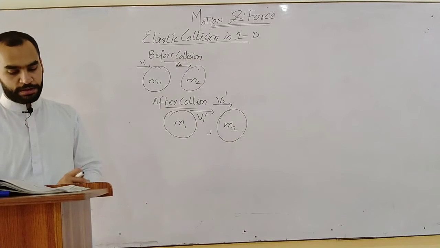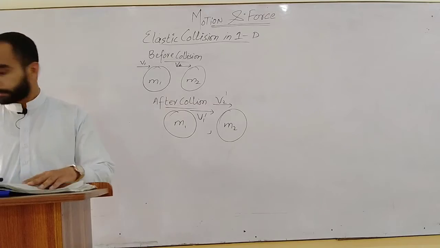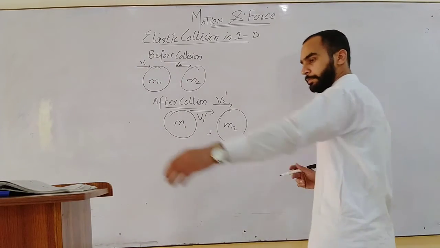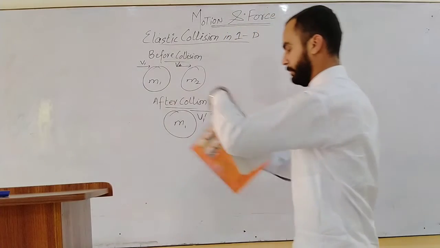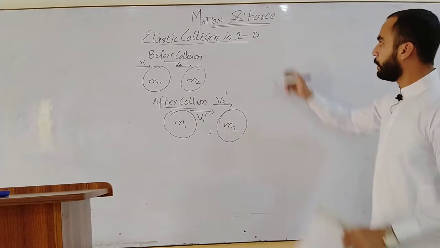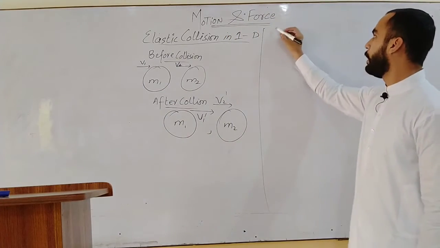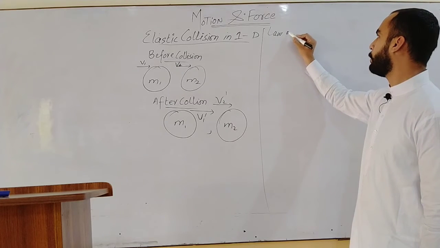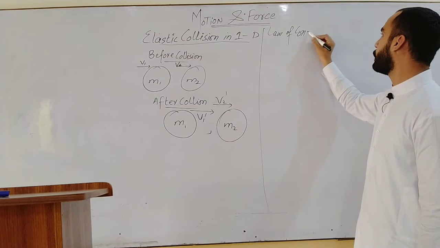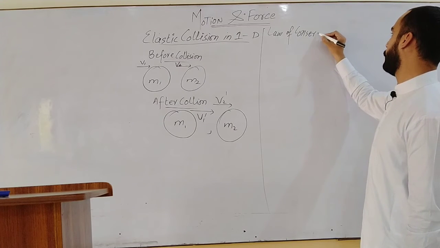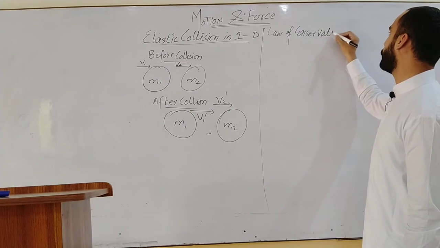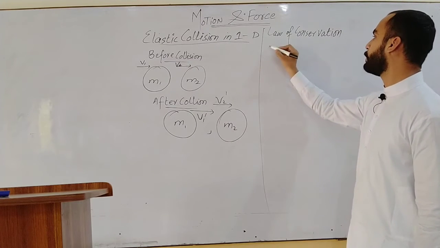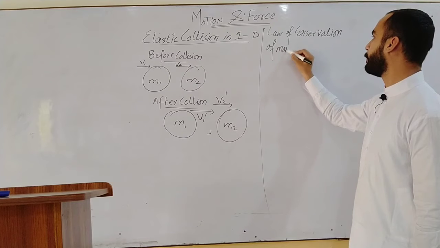So now, according to the law of conservation of momentum, the total momentum of a system remains constant, or conserved, after a collision takes place between two bodies.